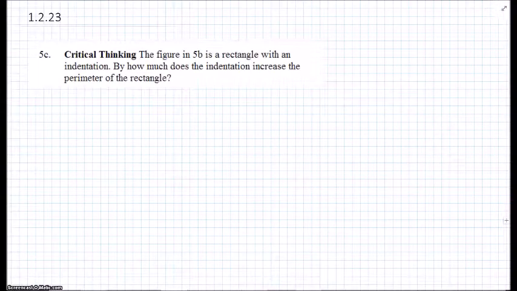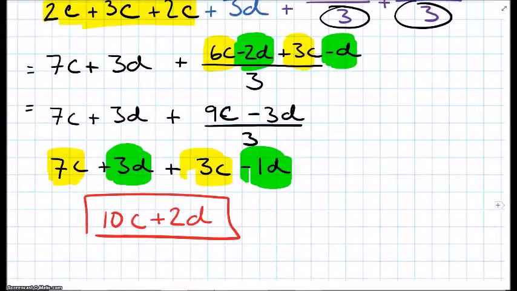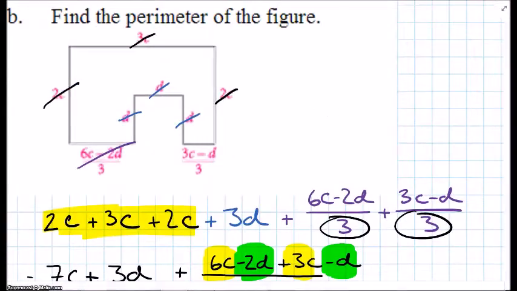Last example. The figure in 5b is a rectangle with an indentation. How much does the indentation increase the perimeter? Okay, let's look at the other example. Let's look at what it's talking about here.